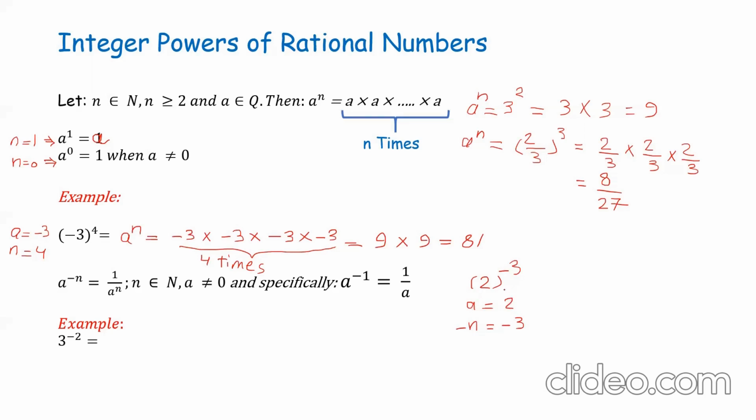In this case, 2 to the power of minus 3, based on this definition, must be equal to 1 over 2 to the power of 3. And this will give me 1 over 8, since 2 to the power of 3 is 8. So it's 1 over 8.